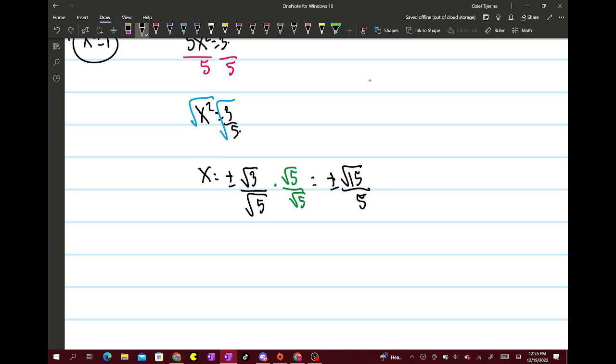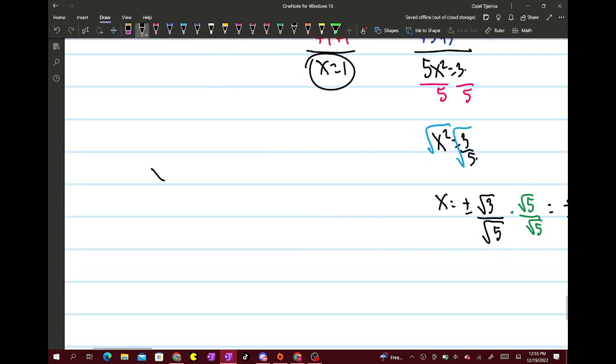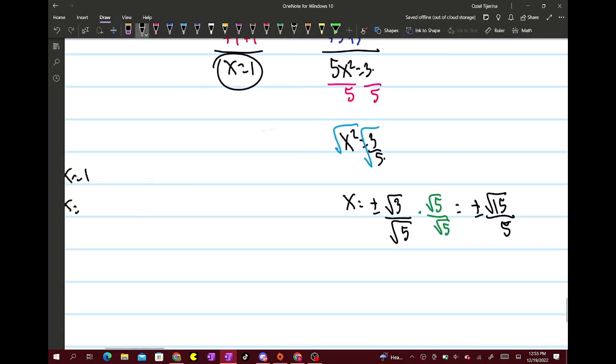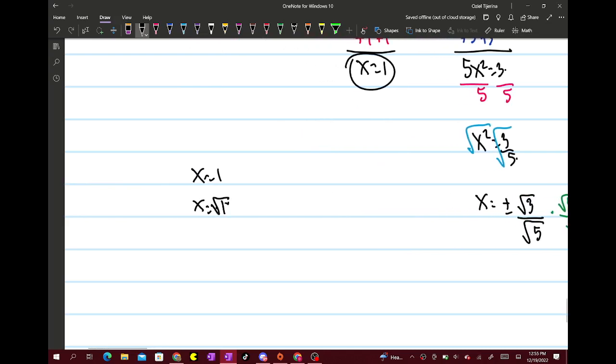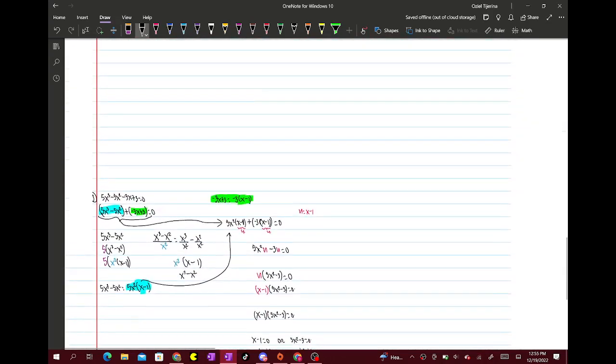And so your answers are going to be x equals 1, x equals the square root of 15 over 5, and x equals negative square root of 15 over 5. So those are your solutions to this equation, okay?